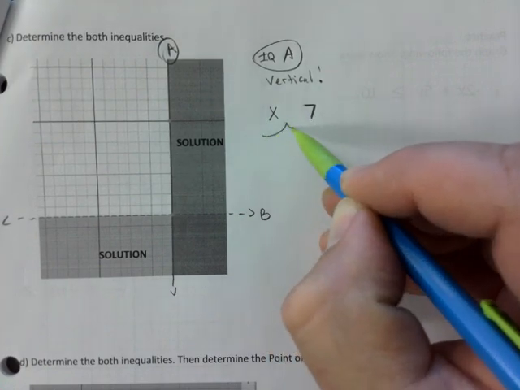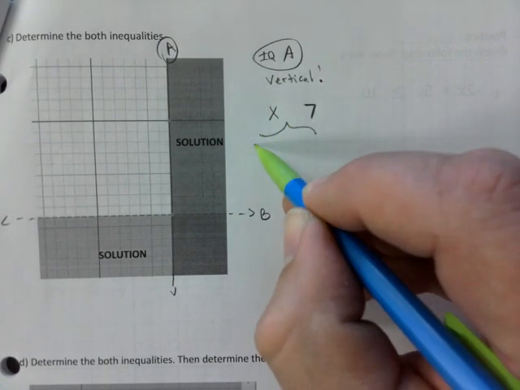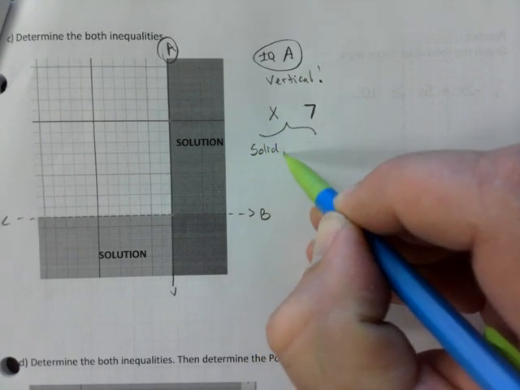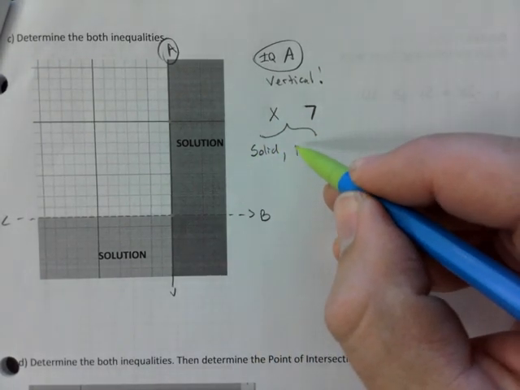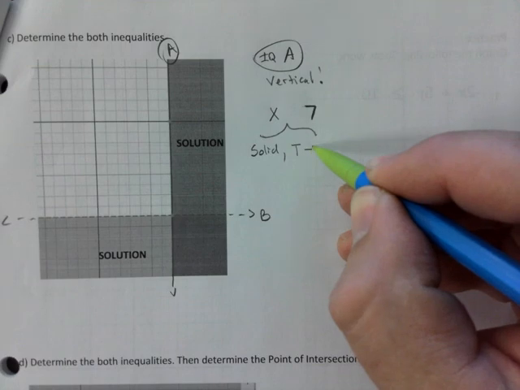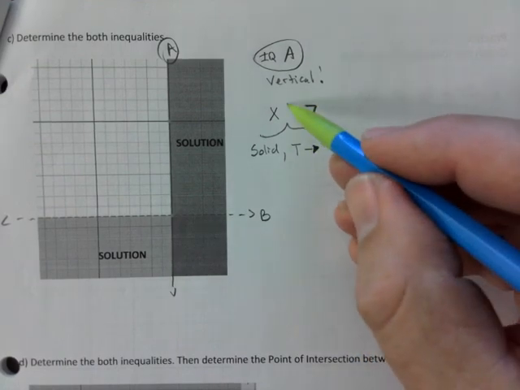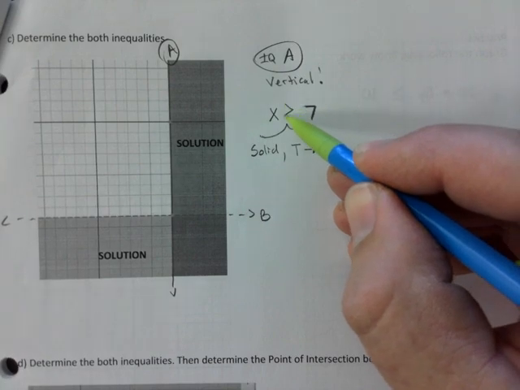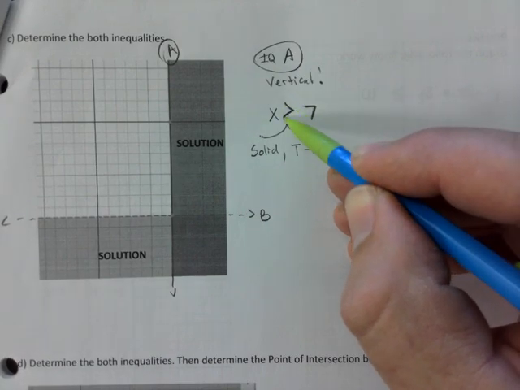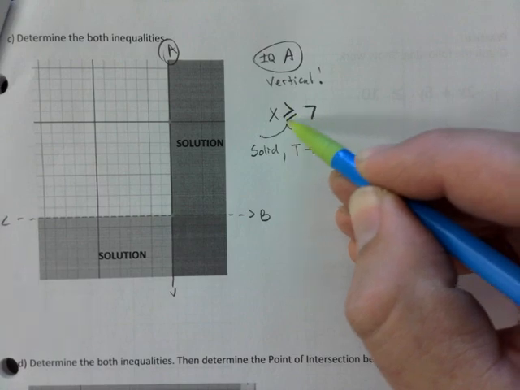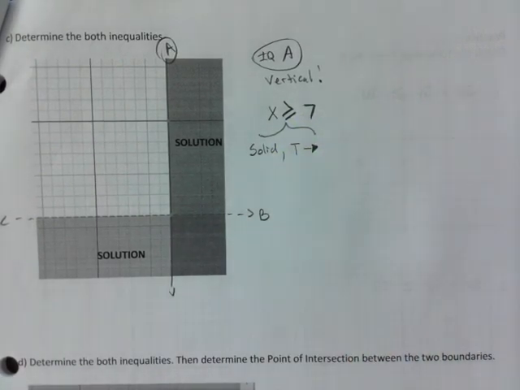And to fill in the inequality, you just say, hey, this is a solid line. And we know that the true region is to the right. Therefore, this tells me that the true region is to the right, and the equal sign indicates that it's a solid line. Voila, you're done.